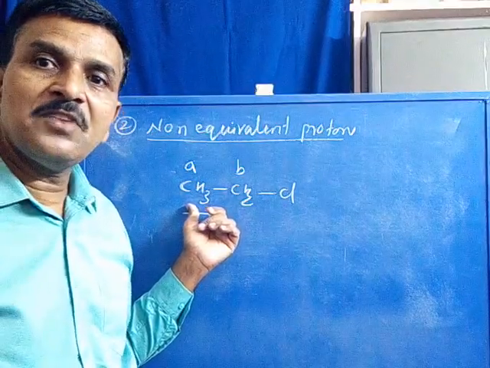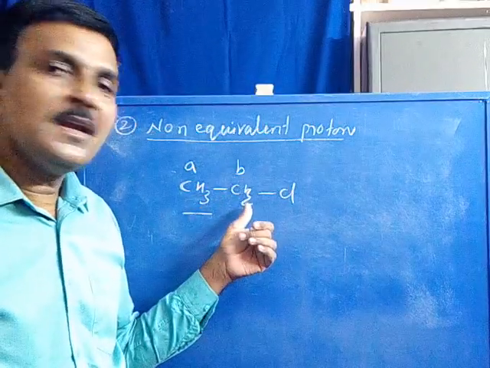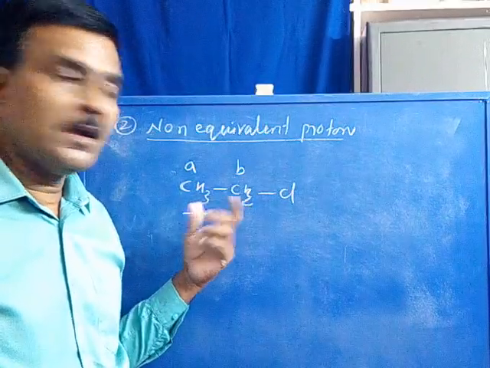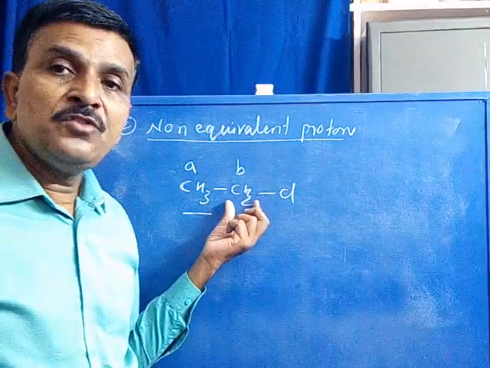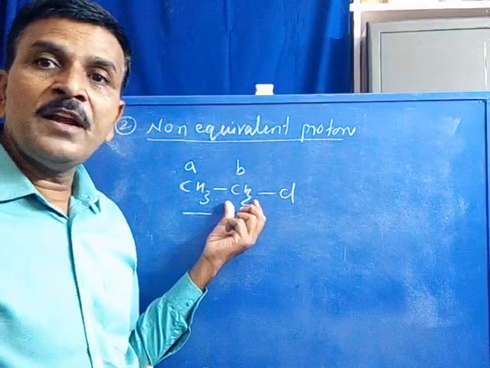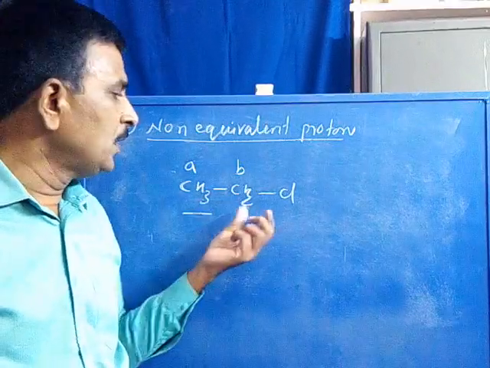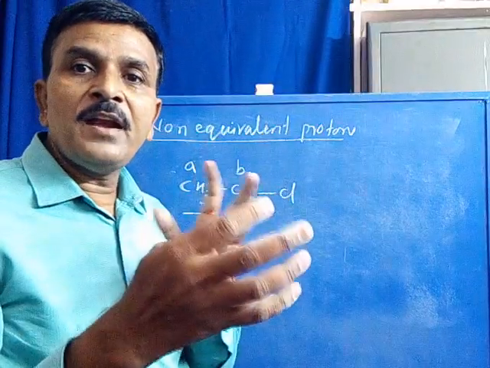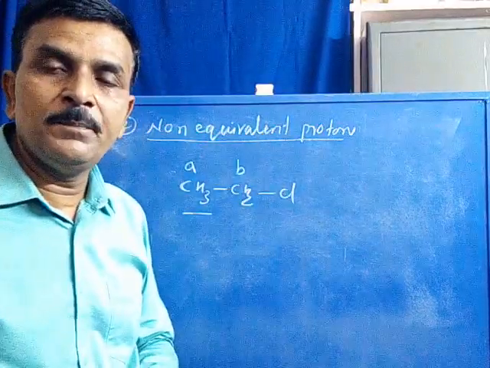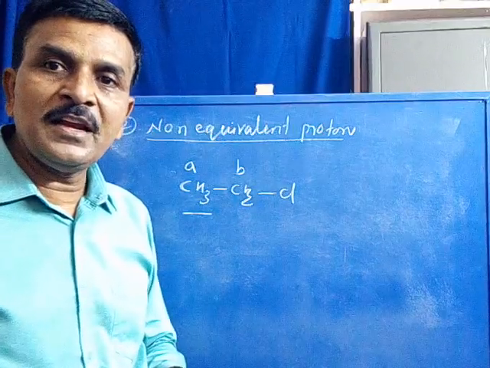We discussed this in yesterday's class. When there is an electron density difference, there is a difference in the magnetic environment also. So these two sets of protons are different with respect to magnetic environment. Is it clear? Now coming to chemical environment.